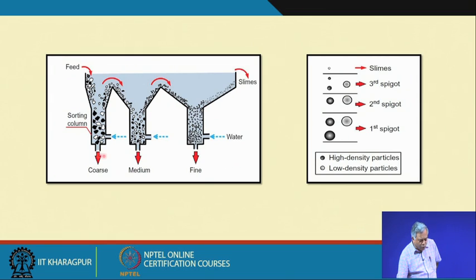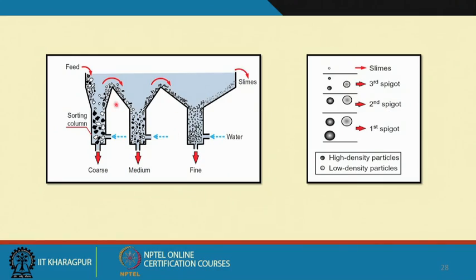That is how we can have a size separation similar to what we did in laboratory sieving operations. Like these sorting columns, we are trying to imitate what sieves do. It is easy to say, but the essential thing I need to know is the settling velocities of different particles.